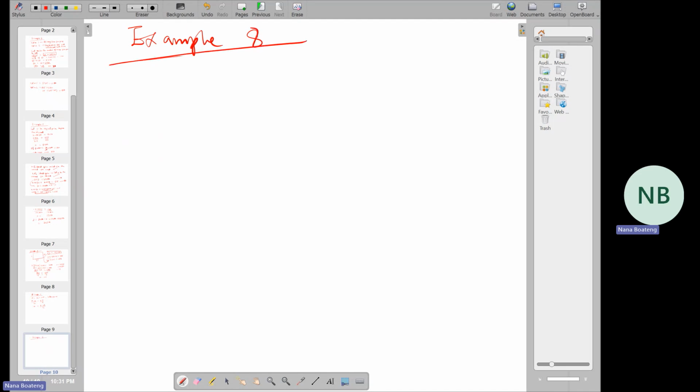In example 8, let's say we have P is equal to C plus MC, and we have to solve for C. All right, so C is common to this term, and it's also common to this term.